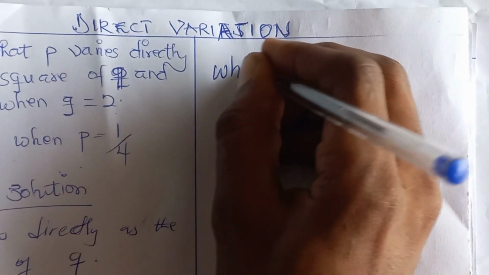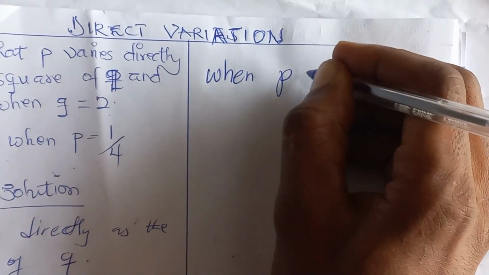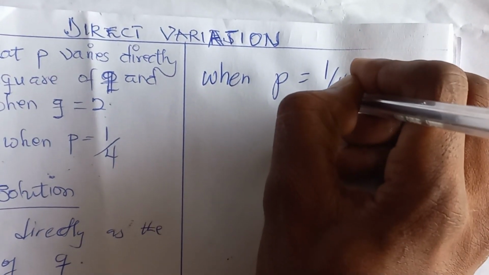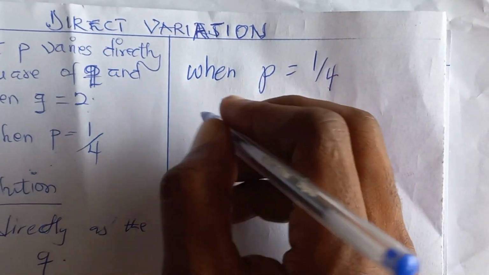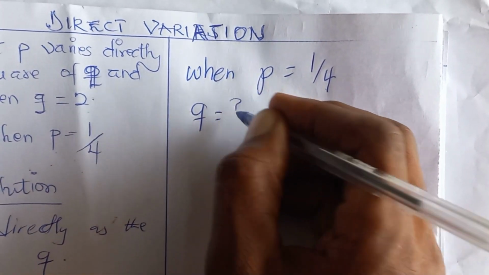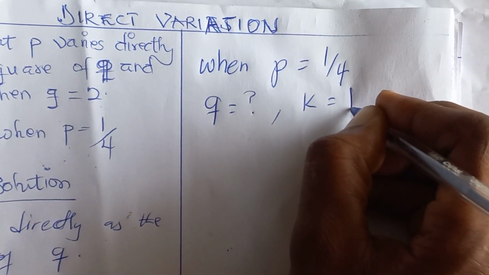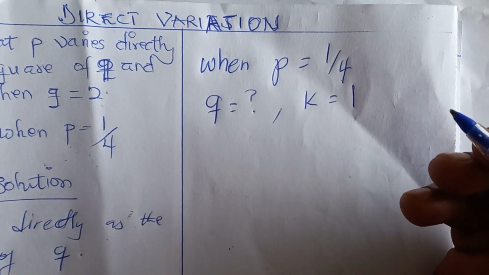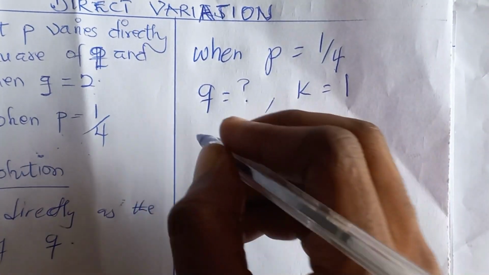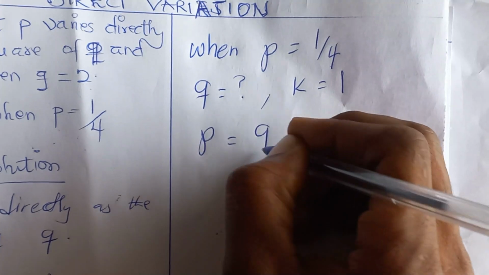So we say that when P is equal to 1/4, we don't know Q, but we know k to be 1. Good. So let's have everything there. We have P is equal to Q squared.